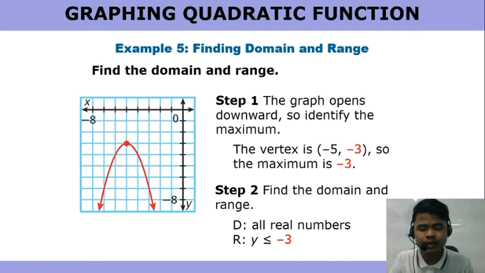Okay, bakit less than equal? Kasi the parabola opens downward. At kapag upward naman siya, we will use greater than equal, just like the previous example. Okay, dito, since it opens downward, we use y is less than equal negative 3. Okay, as to what I have said a while ago, we always base on the maximum or minimum value.